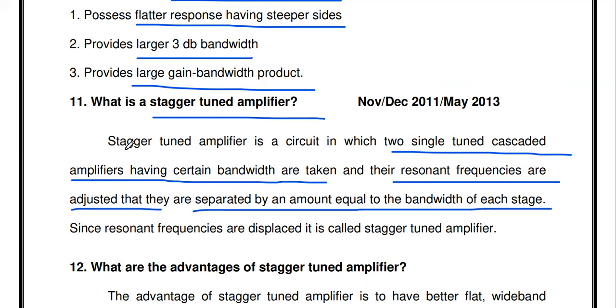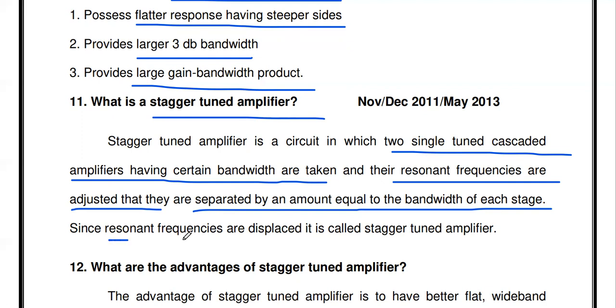In order to design the stagger tuned, we take two single tuned amplifiers and connect them in cascade, each having the same bandwidth, and their resonant frequencies are displaced by the bandwidth amount. So that is called a stagger tuned amplifier.